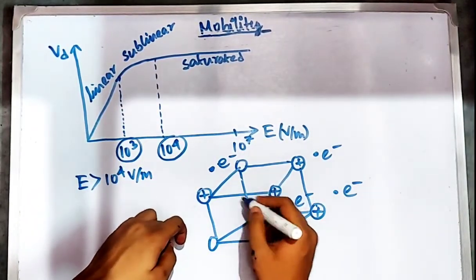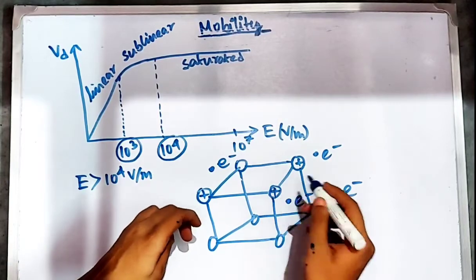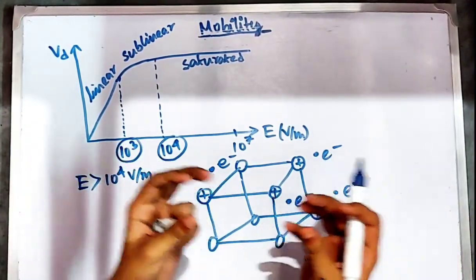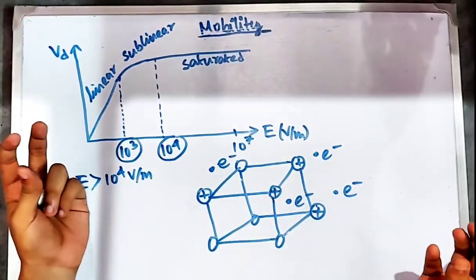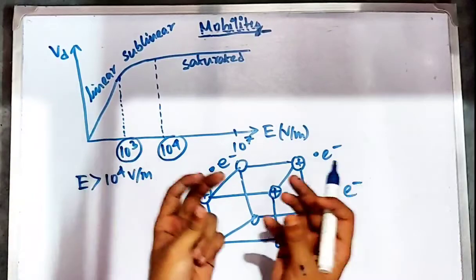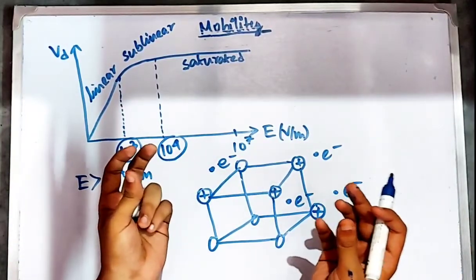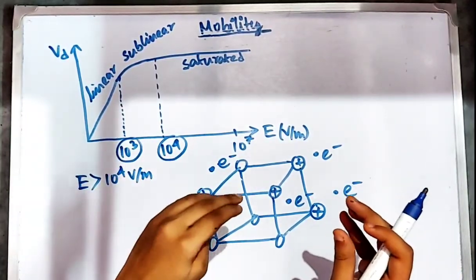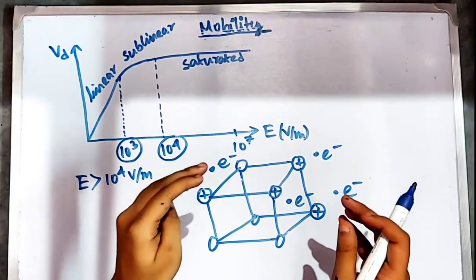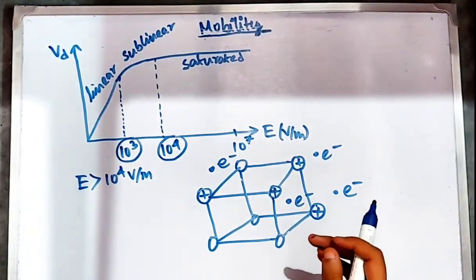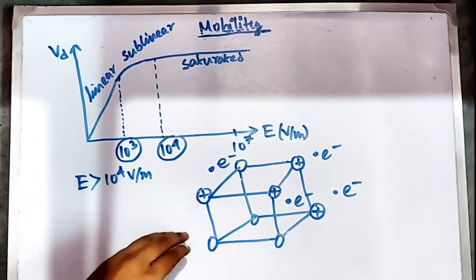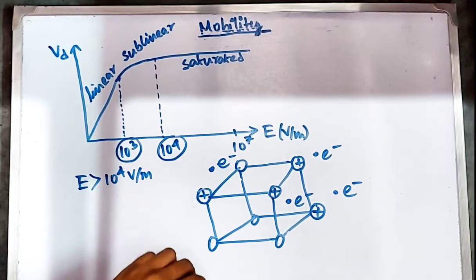So these covalent bonds will behave like a spring, and the ions will at first come closer and then they will go far from each other. So this type of lateral vibrational motion will be seen within the crystal of silicon atoms if we apply this enormous amount of energy to the silicon solid.